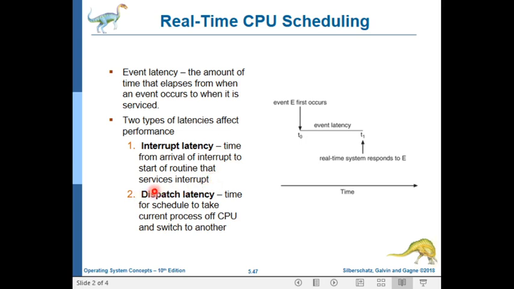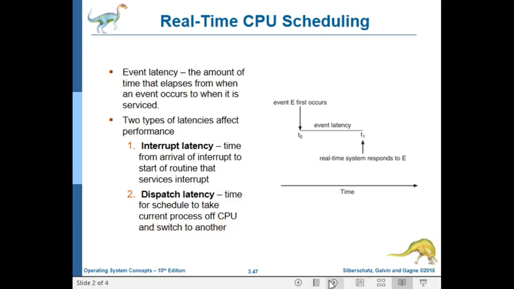This is related to the ISR, interrupt service routine, that we already learned in chapter 1. You also have learned it in computer organization. The second type of latency is dispatch latency. This is more related to processes. Dispatch latency is the time for the scheduler to take the current process off the CPU and switch to another process.